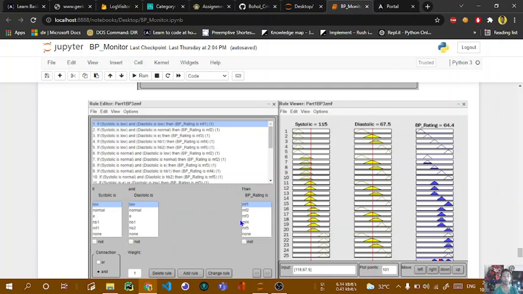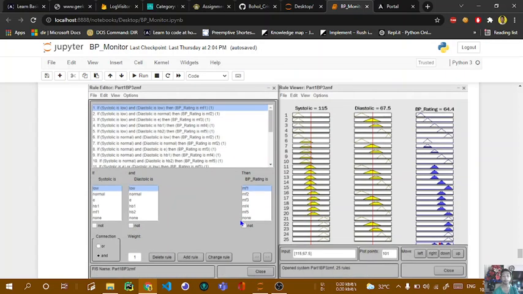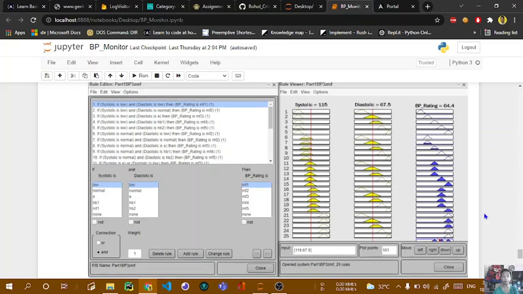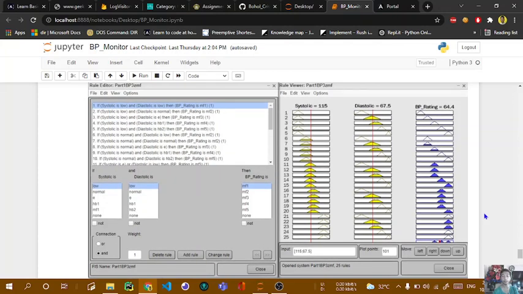In our program in Python, the result would be like this: a very detailed rule view of our fuzzy logic. We can see 115 over 65.7. It is plotted here, and the result would be here.